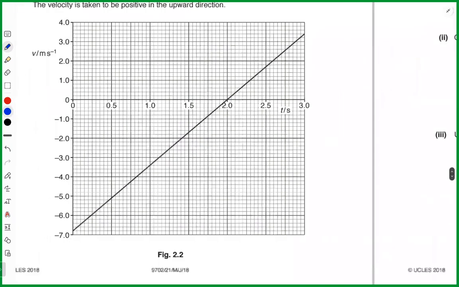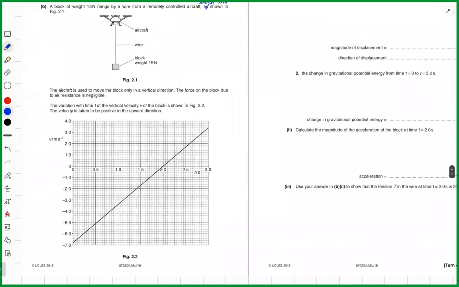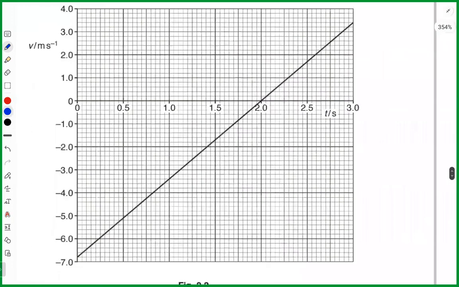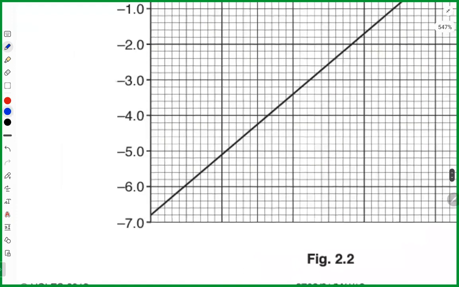Okay. Now, what feature of a velocity time graph should give you displacement? Is it the gradient or the area? Let's see. Area? Good, good. So listen, this would be the negative area.